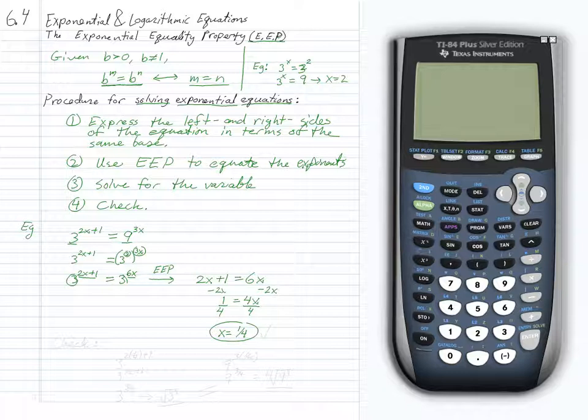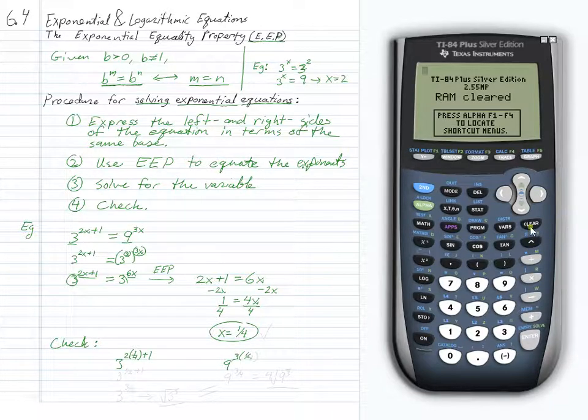Now, to double check this, you can substitute x equals 1/4 back into your equation. So my left-hand side would be 3 to the 2 times 1/4 plus 1. And my right-hand side would be 9 to the 3 times 1/4.